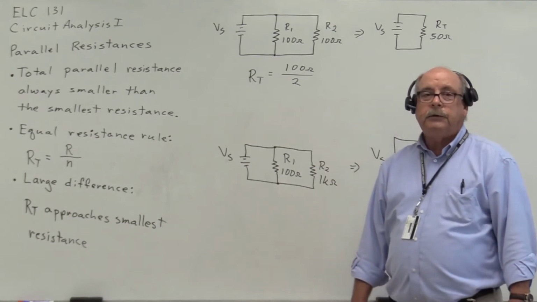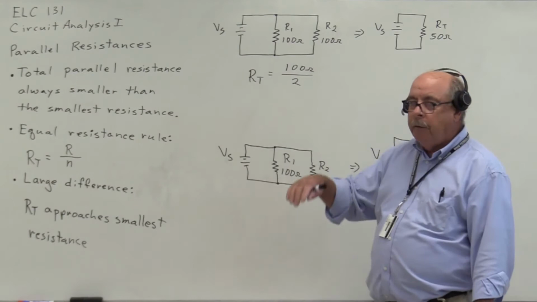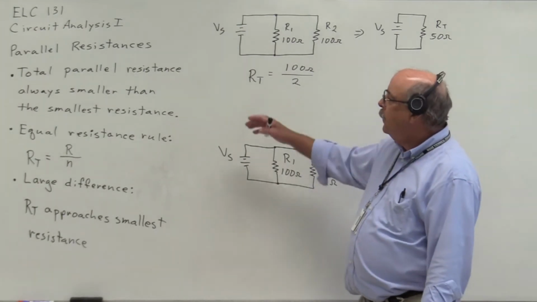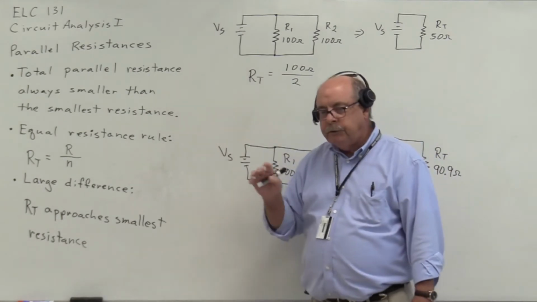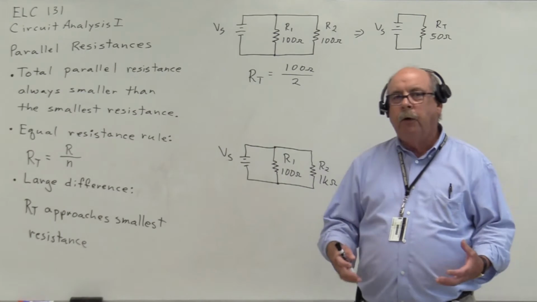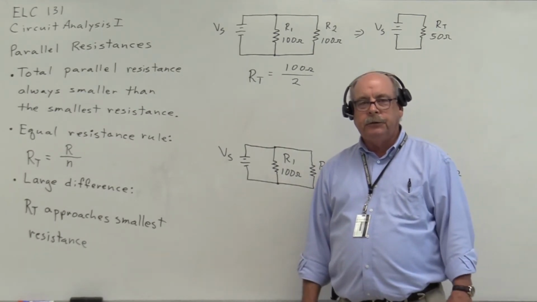So this is ELC 131, Circuit Analysis 1, and we'll continue talking about parallel resistances. Now, whenever we have resistances connected in parallel, understand that the total resistance always has to be smaller than the smallest resistor.